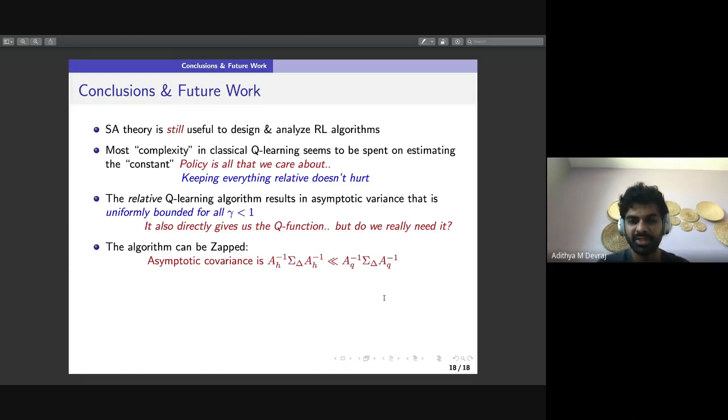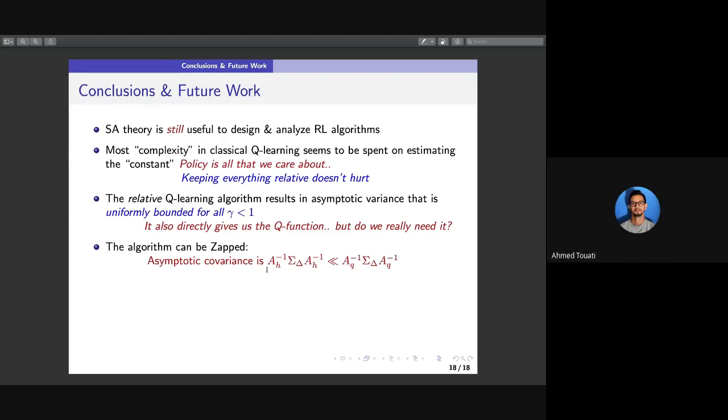But to answer your question, yes, we can get rid of this requirement of a big step size, but eventually the asymptotic covariance is still going to scale as 1 over 1 minus the discount factor, because this linearization matrix, even if you use Polyak-Ruppert averaging, will have an eigenvalue that is very close to 0, of the form minus 1 minus the discount factor. You can use Polyak-Ruppert averaging for the relative Q-learning algorithm, and that will not have that issue. Okay, I see.